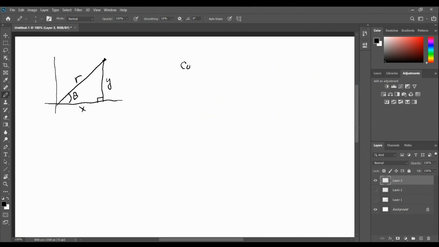So cosine of theta is adjacent over hypotenuse, which is x over r. So if I were to solve for x, I could say that x equals r cosine theta, just multiplying both sides by r. Sine of theta would be opposite over hypotenuse, which is y over r.